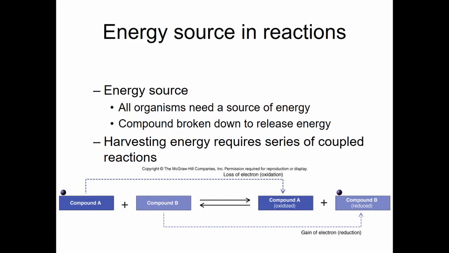Tossing around the electrons ultimately allows a cell to harvest the energy from those reactions and to use it to make ATP. So transferring electrons from one compound to the next, you do that in chemical reactions, and those chemical reactions are going to allow us to make ATP.